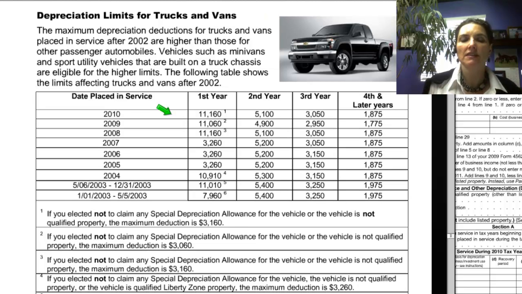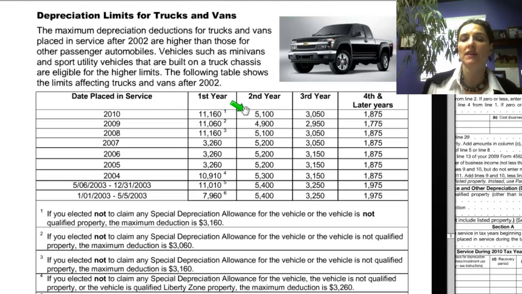Remember that in 2010, the first year depreciation limit on a vehicle that weighs less than 6,000 pounds is $11,060. Well, if your vehicle happens to be built on a truck chassis, you can bump that limit up by a whole $100. So for 2010, if you place a small pickup truck in service in your business, the first year limit that will apply, assuming you claim bonus depreciation, is $11,160.